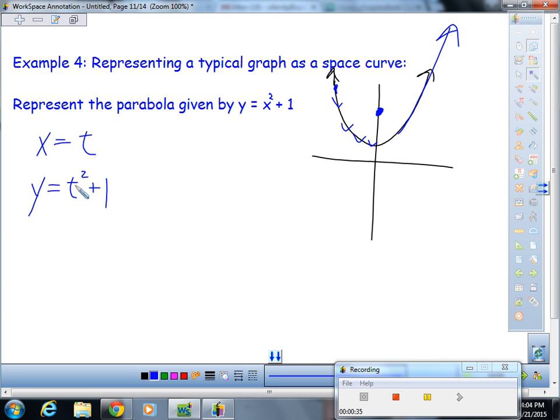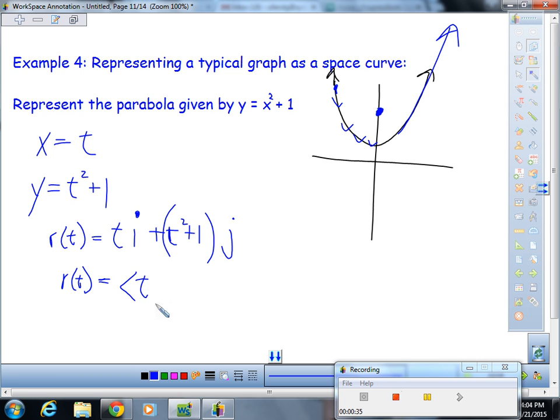So then our parametric function would be r of t equals ti plus t squared plus 1 j. Or we could write that as r of t is t, comma, t squared plus 1. So that right there is a parabola, okay, that is represented as a vector valued function.